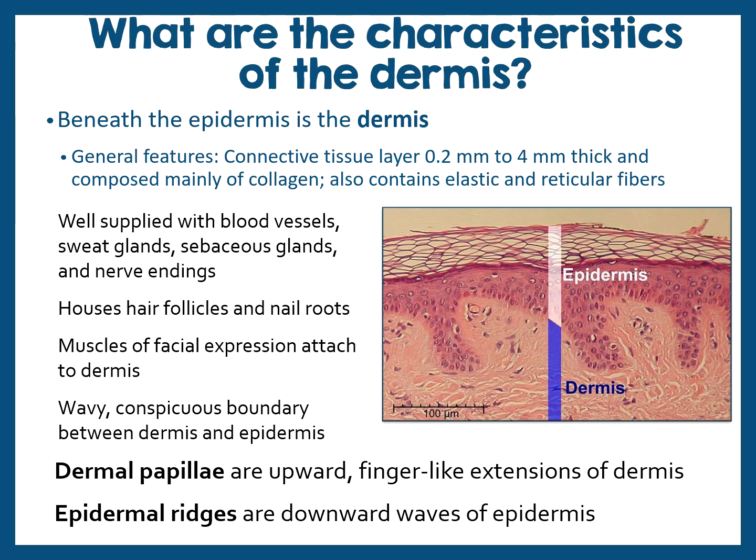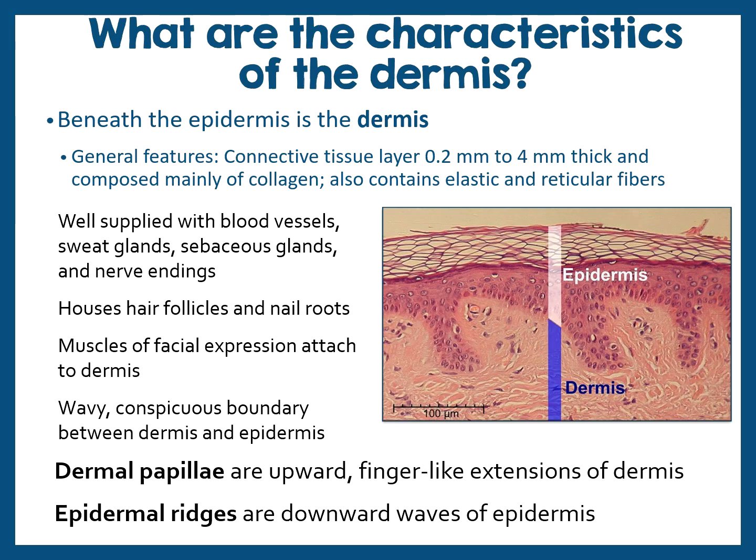The more superficial layer of the dermis that protrudes into the epidermis is the papillary layer. That's where we find these upward finger-like extensions of the dermis, which are referred to as dermal papillae. That prefix papille means nipple, so these nipple-like protrusions into the epidermis are the dermal papillae.